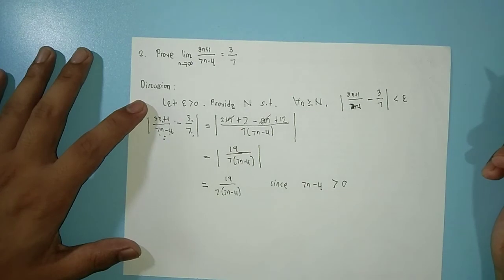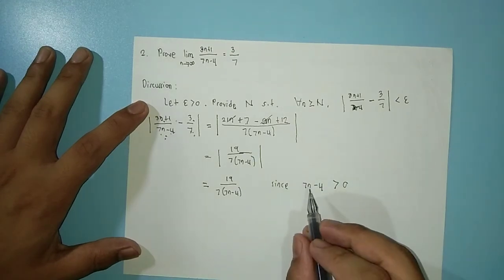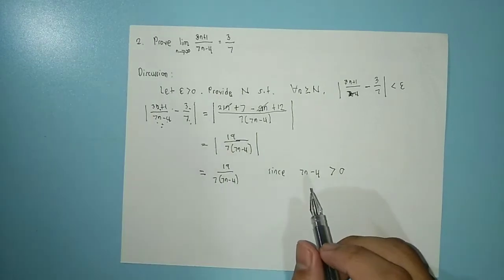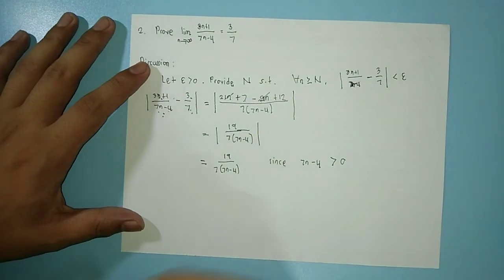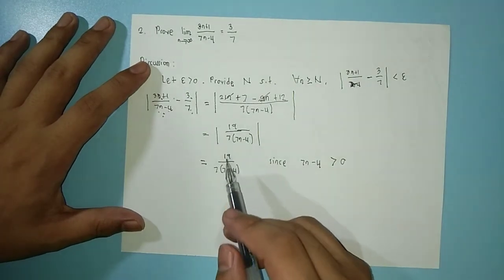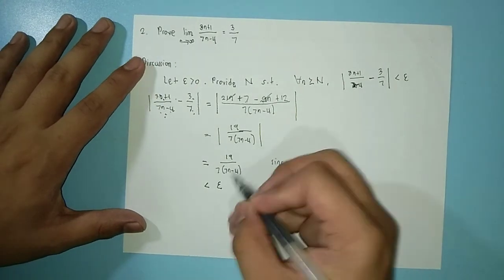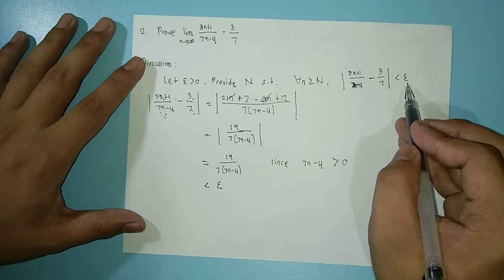So, paano ka nakakasiguro na yung 7n minus 4 ay greater than 0? Kasi ang n natin ay natural number. Ang pinakamababa niyan ay 1. Imposibleng maging negative yan. Or imposibleng maging 0 yan. Okay? Now, kung dito tayo nag-arrive, so this is less than epsilon. Kasi ito, galing siya dito, which is ito, less than epsilon.